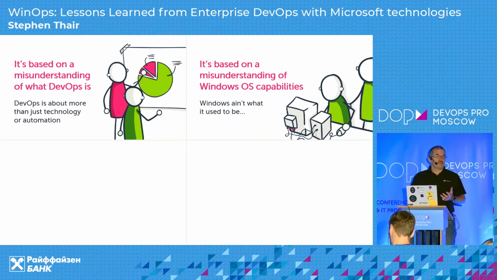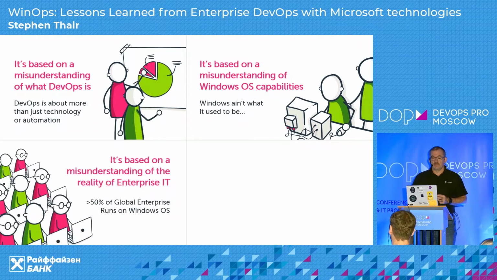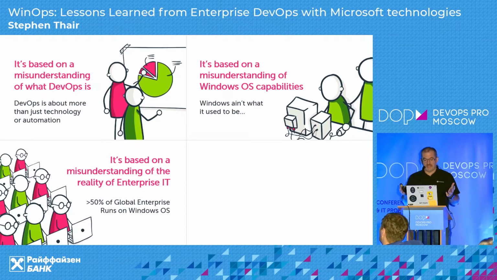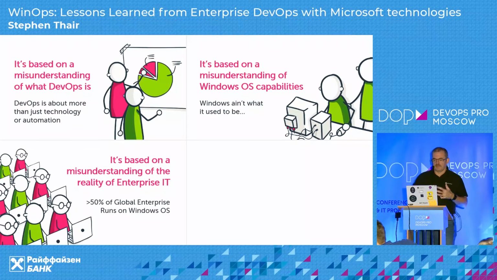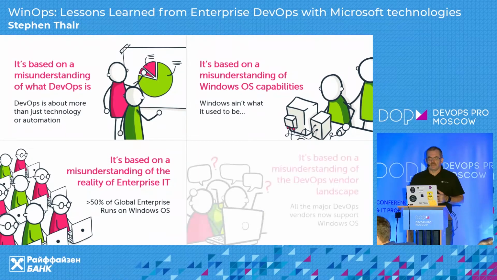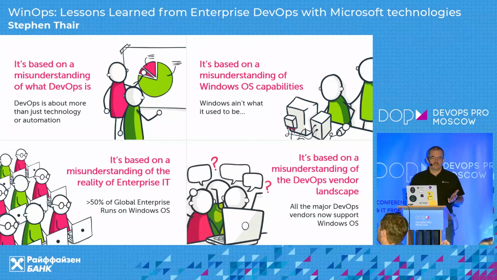It's based on a misunderstanding of where the Windows OS and its ecosystem is today. Windows isn't what it used to be. It's based on a misunderstanding of the reality of enterprise IT. Windows has a massive estate in enterprise, and we'll go through this in more detail. And it's also based on a misunderstanding of what the vendor landscape is.